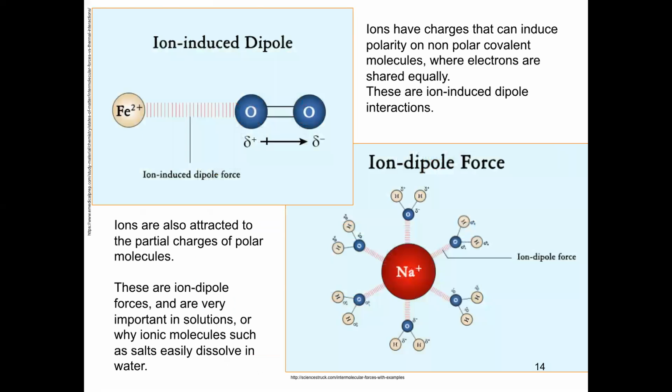Now, what must also be kept in mind are ionic interactions, and ions exist. I had mentioned that we ingest salt and it's broken down into sodium and chloride. Those ions have a charge and they will interact with polar molecules. So we can have an ion interacting with a dipole. A dipole has a slightly positive side and a slightly negative side, whereas here you've got sodium, which is clearly an ion with a positive charge.